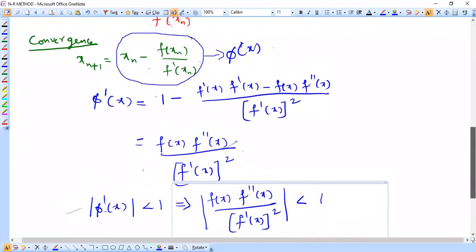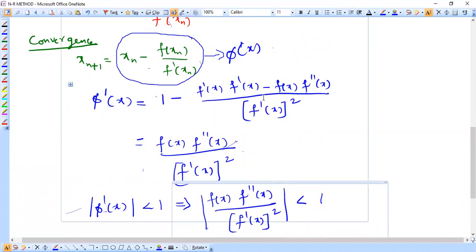So once again, let us look at this. To determine the convergence condition for the Newton-Raphson method, we take the Newton-Raphson iterative formula, which is something like x is equal to phi of x, where we find the derivative of that phi of x. Now we call it phi dash of x, which gives this value.